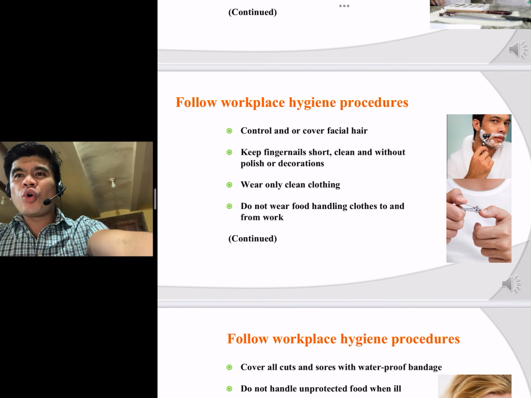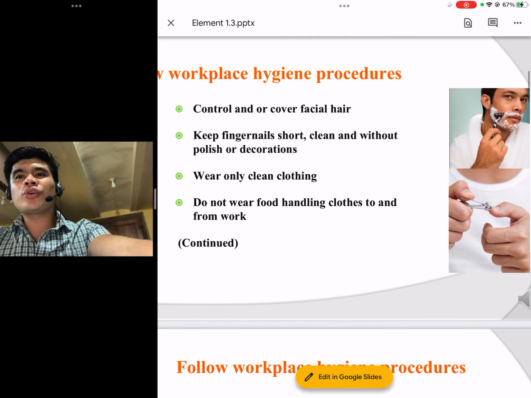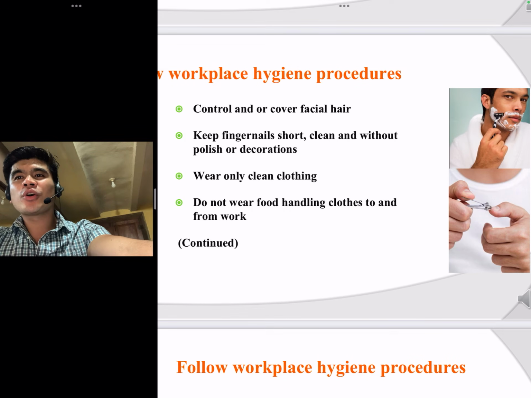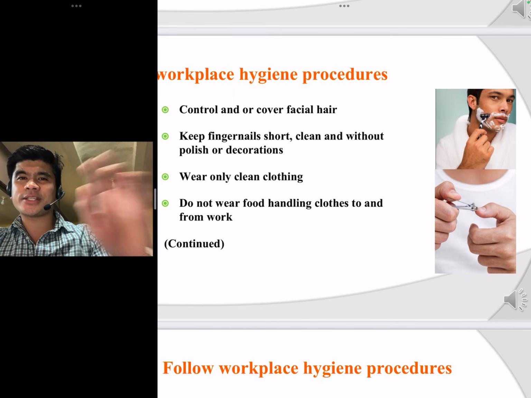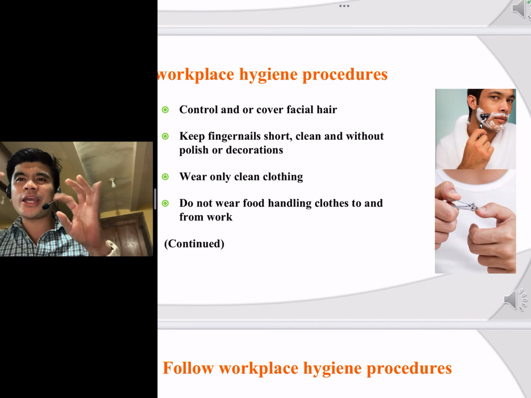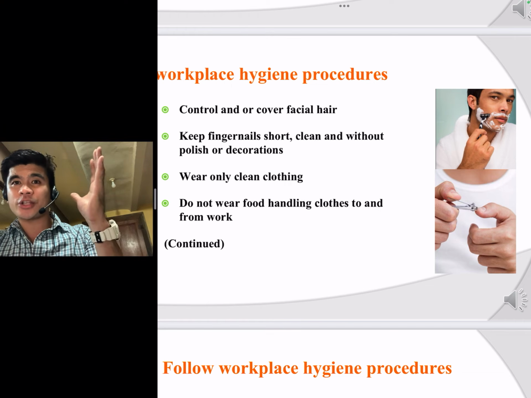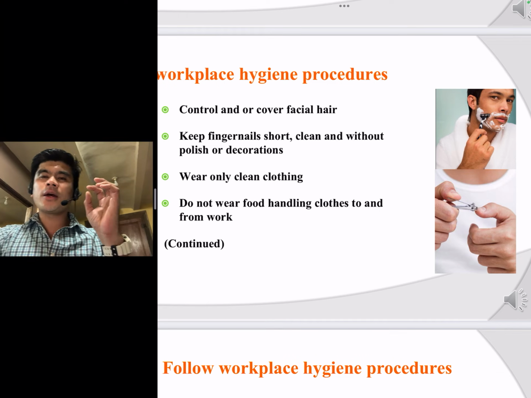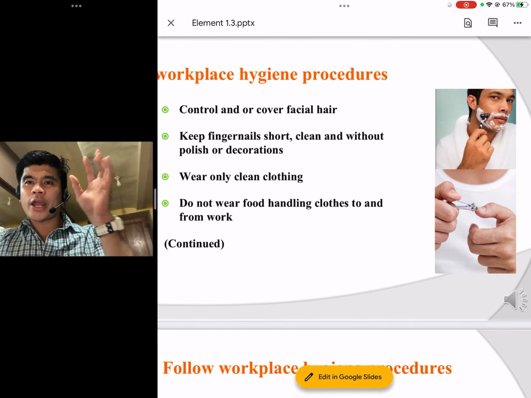Next, follow workplace hygiene procedures. Control and or cover facial hair. So it's necessary for you to clean your face, clean your nails, and tie up your hair in such a way that there will not be any traces of your hair falling on the food.